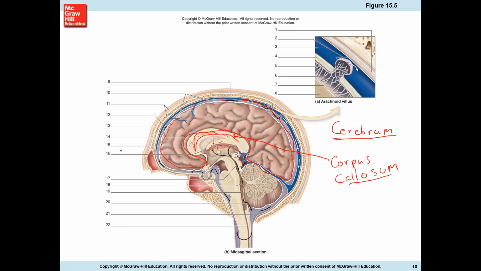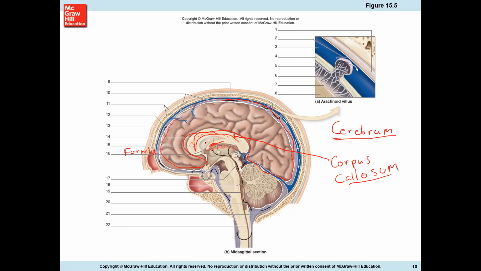Can't really see that in this picture because this is the right side of the brain in a mid-sagittal cut. But this part is called the fornix. The fornix, like a little alcove there. And you'll see fornix in reproductive as well, because it really just means an area or an out-pocketing within a structure.